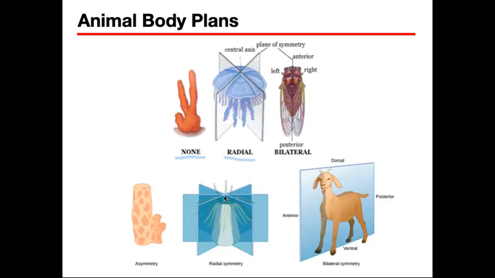Okay? Radial symmetry would portray animals with an up and down orientation. So it has an anterior and a posterior end, which means that any plane that's cut along this longitudinal axis makes equivalent halves. But they are not exactly left and right identical images.